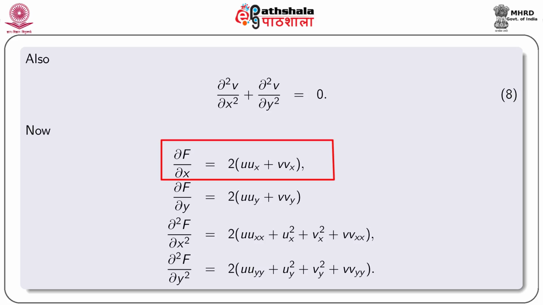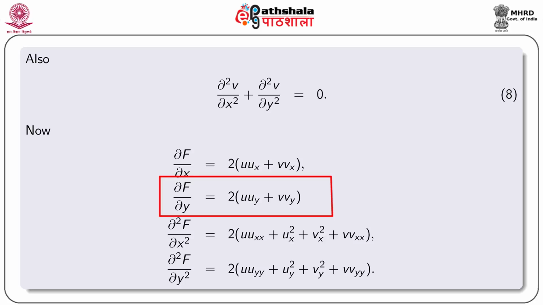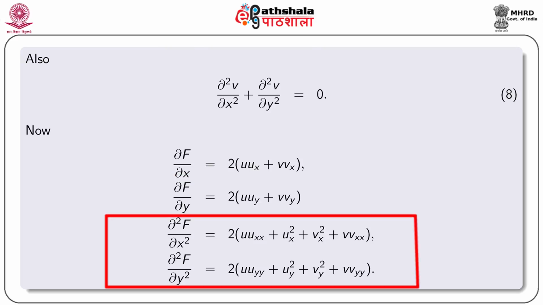Now, ∂F/∂x is equal to 2(u ux + v vx). ∂F/∂y is equal to 2(u uy + v vy). ∂²F/∂x² is equal to 2(u uxx + ux² + vx² + v vxx), and similarly we get ∂²F/∂y².